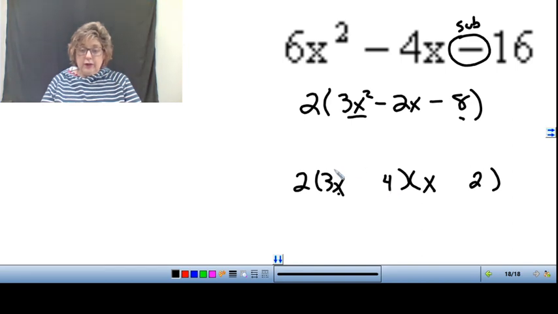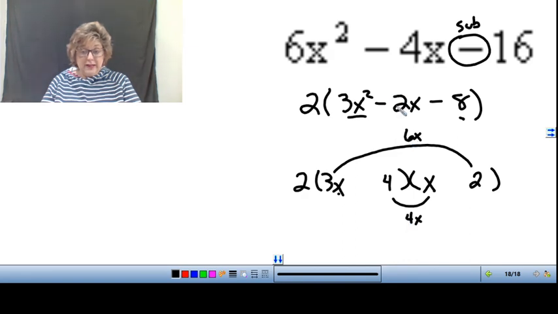So now if I look at the 3x times 2, well, that's 6x. And I'm going to look at 4 times x, and that's 4x. If I subtract the 4 from the 6, yeah, that's 2. Now I want to make sure it is minus. So if you're making this a negative, that means the larger of these two has to be negative when I'm subtracting.